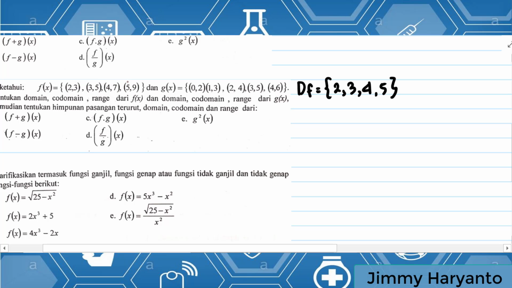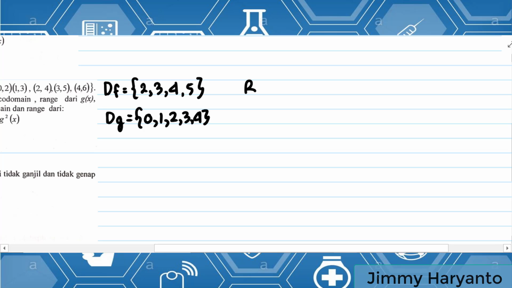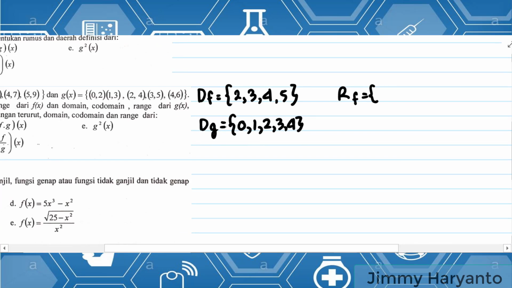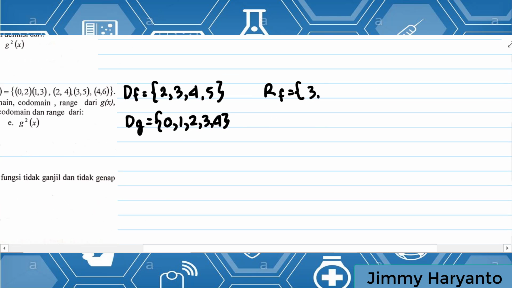Next I will find the domain of g(x). The domain of g(x) will be 0, 1, 2, 3, and 4. And then I will also find the range of f(x). The range of f(x) will be 3, 5, 7, 9.